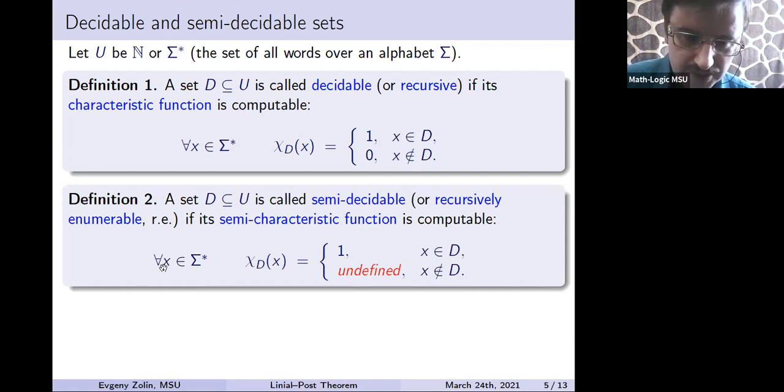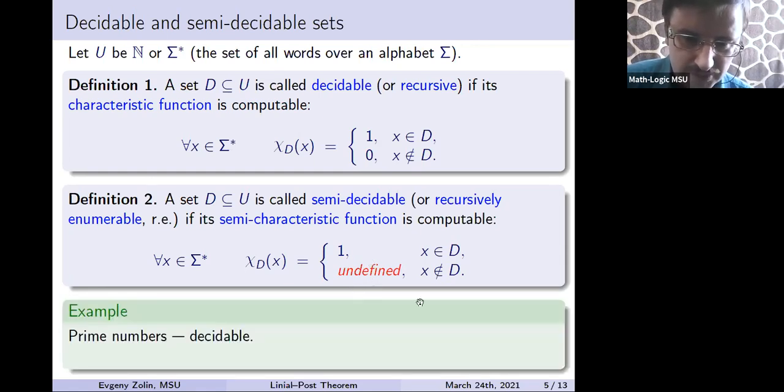This function takes an input and returns 1 if this input belongs to our set D, and the function is undefined if the input doesn't belong to D. For the algorithm, this means that our algorithm stops in a finite number of steps and returns 1 if X belongs to D. And this algorithm works infinitely long, making infinitely many steps, if X doesn't belong to D.